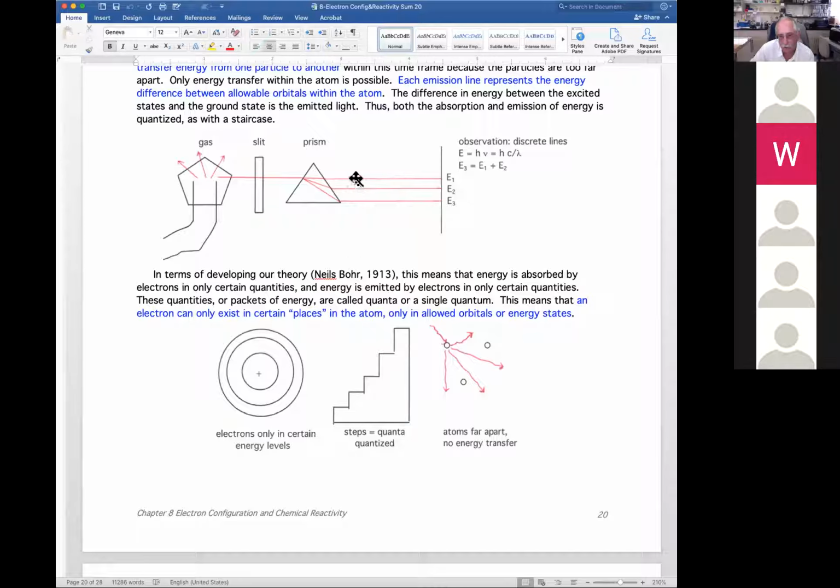That represents one line on the discontinuous spectrum. If it jumps up to here, now it could come down stepwise. It could come from here to here and give off another wavelength, here to here and give off that same wavelength, or it could come directly from here to here, give off energy represented by this amount of energy, which might be this one here.